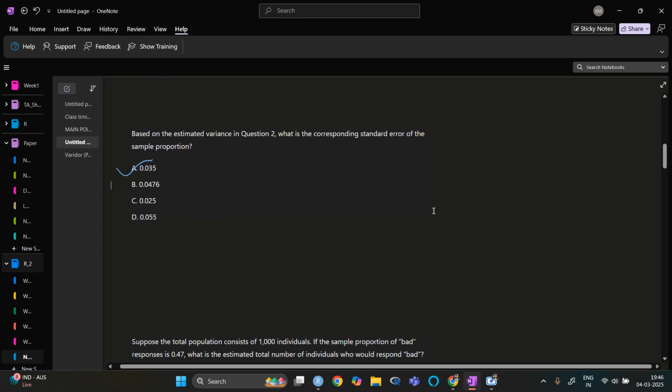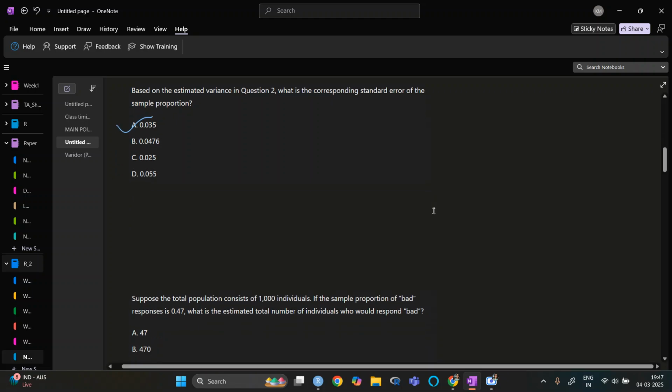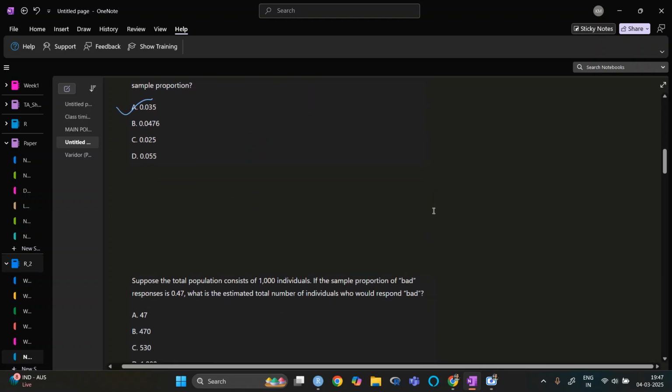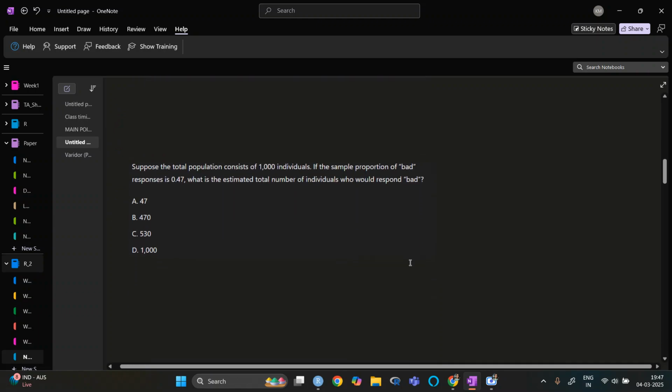Right now, in whatever question I'm doing, I'm taking the help of R. In your exam, I don't know whether a calculator is given or not. If not, then they will not give any question where it will be tough to calculate. Right now I'm doing it because I'm just using this. Okay.